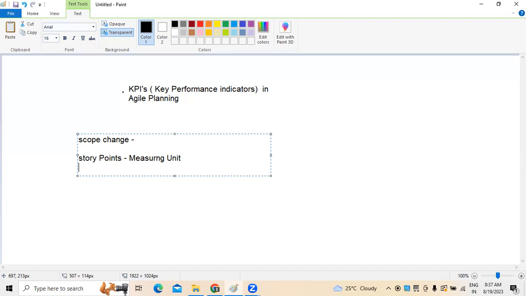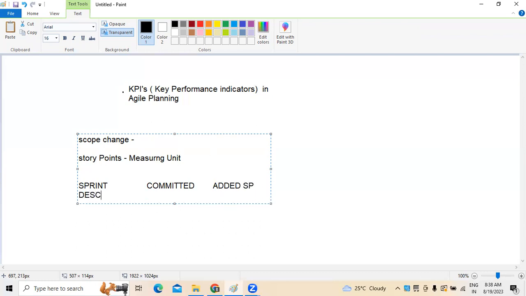Now I'm taking multiple sprints. For example, for each sprint, whatever is committed, added story points, if any, followed by the scope, right? So this is what I have taken.